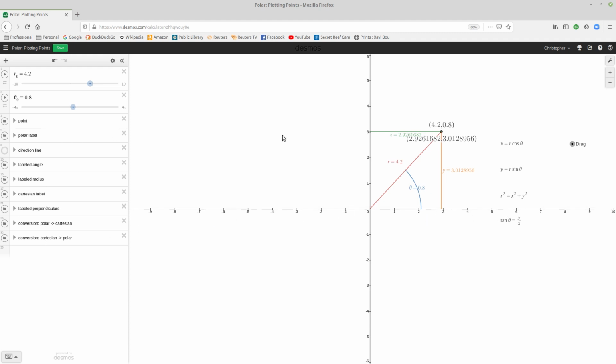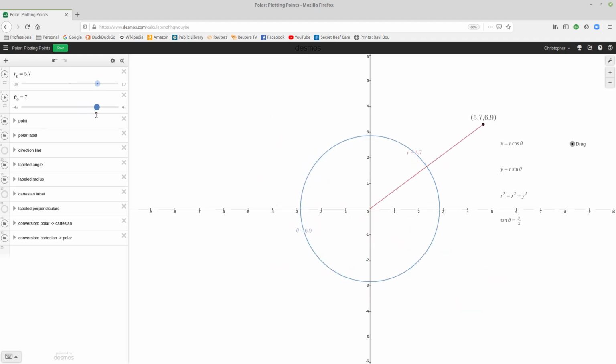For now, however, let's take a look at, maybe let's get rid of our Cartesian label stuff for a moment and remind you that if I rotate more than 2 pi, I can get back to where I started. And so the same point can be represented by 2 different angles with the same radius.